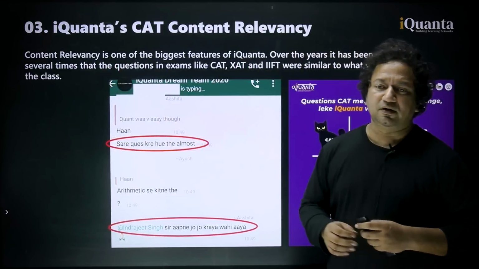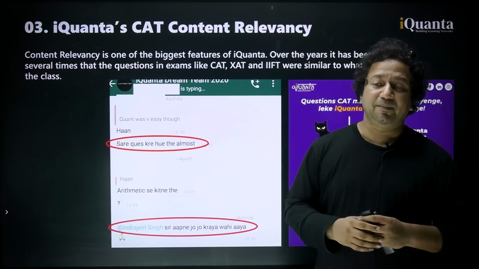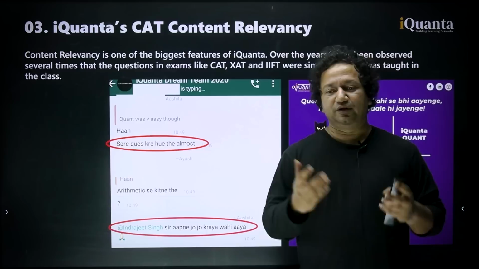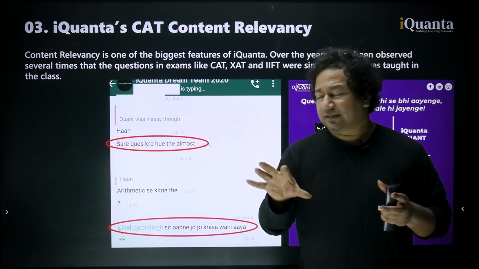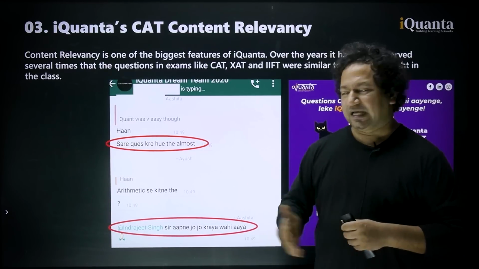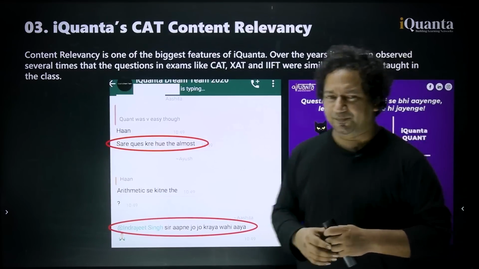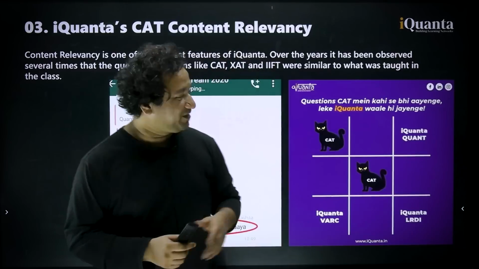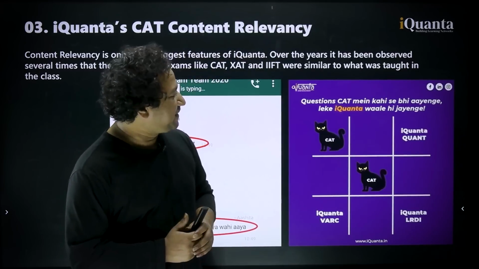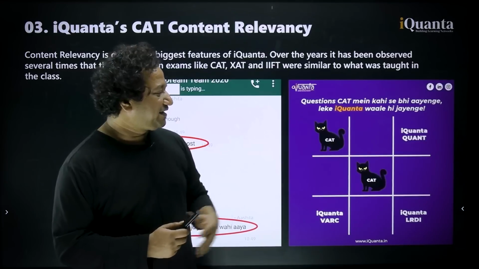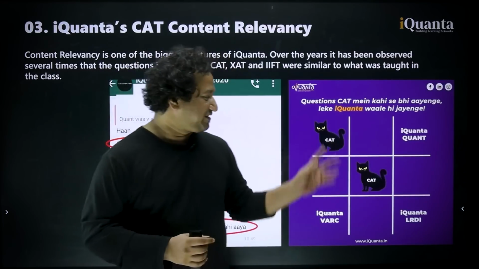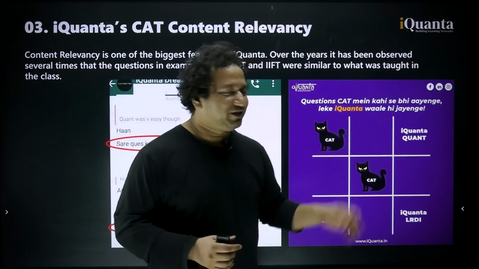Then comes the content relevancy. It has happened over the years that the questions we do in the live classes, more or less the same questions have come in the exam. Here's a screenshot in which one of the students has claimed that. And look at this, such a nice illustration in which CAT questions CAT में कहीं से भी आएंगे लेके iQuanta वाले ही जाएंगे, because this is CAT and wherever you put yourself you will win the race.